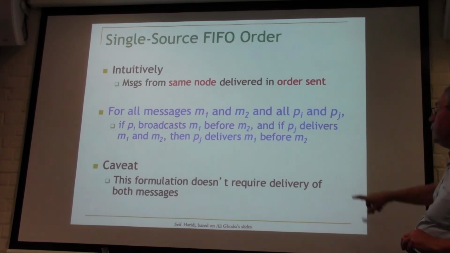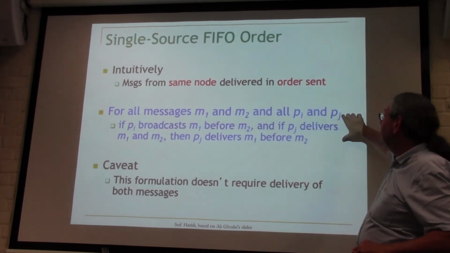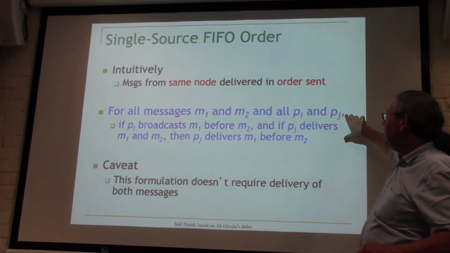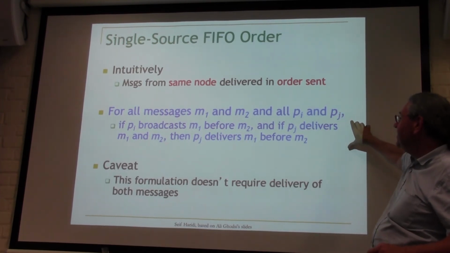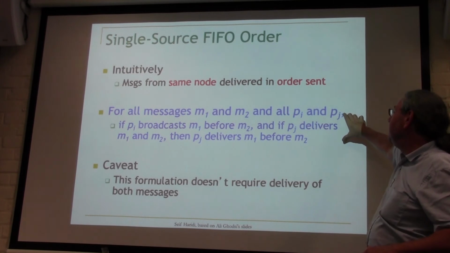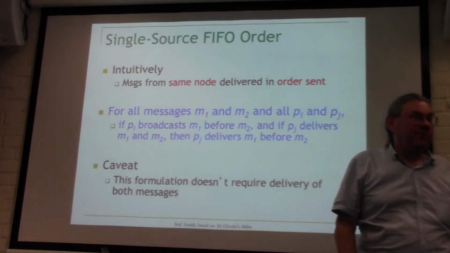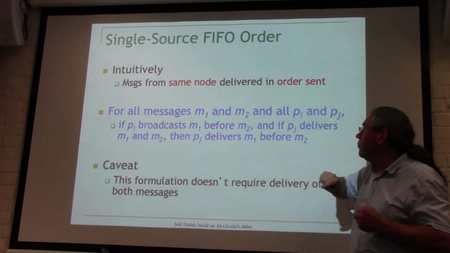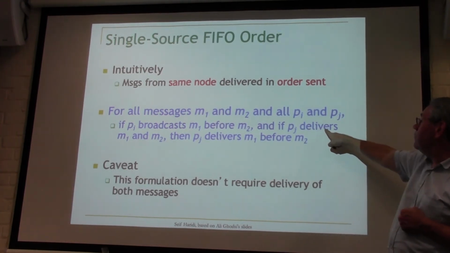Okay? Notice what you notice immediately on this condition. It's written there, but always look at the if condition. This should be a reflex, okay? So what are the if conditions here? Well, Pi broadcasts M1 before M2, but there's an if condition here.